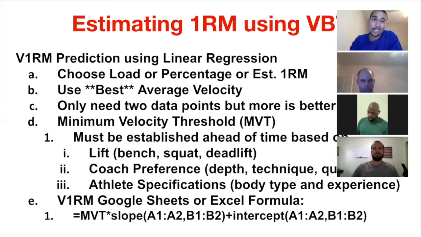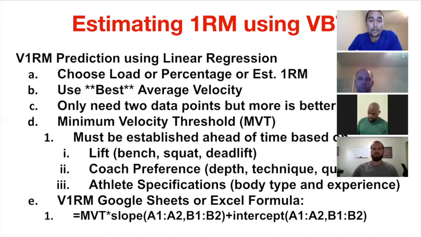I want to say it was February or April this year in the Strength and Conditioning Journal. I've linked it at the end of this PowerPoint for you to download a copy. It does a really good job of explaining how simple, yet sometimes not so perfect, it is to estimate a 1 rep max using VBT.